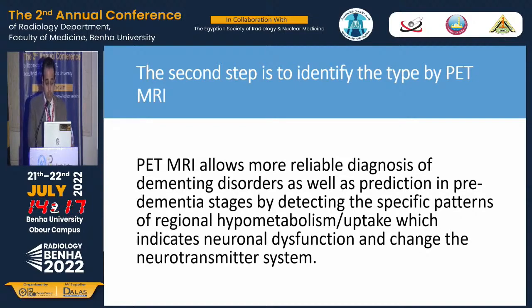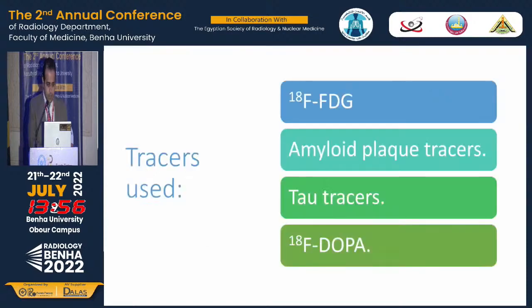PET-MRI allows more reliable diagnosis of dementing disorders, as well as prediction in pre-dementia stages, by detecting the specific patterns of regional hypometabolism or uptake according to the tracer, which indicates neuronal dysfunction and change in the neurotransmitter system. The tracers used here are fluorine FDG, amyloid plaque tracers, tau tracers, and F-DOPA.